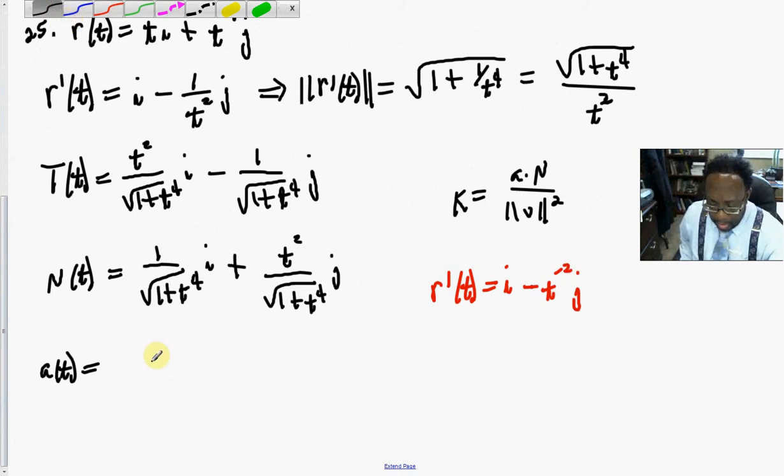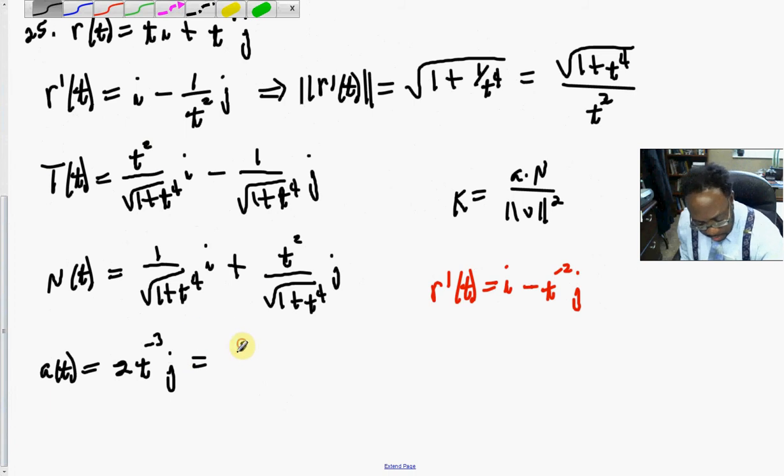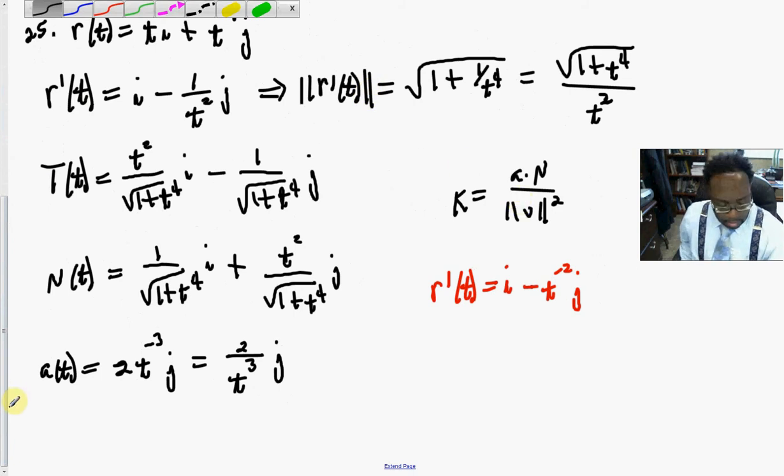So we find the second derivative on that, so that gives us 2t to the negative 3 j. So that's just 2 over t to the 3rd j. Now the velocity is r prime, and the norm of r prime is the same thing as the norm of the velocity. So we have that.